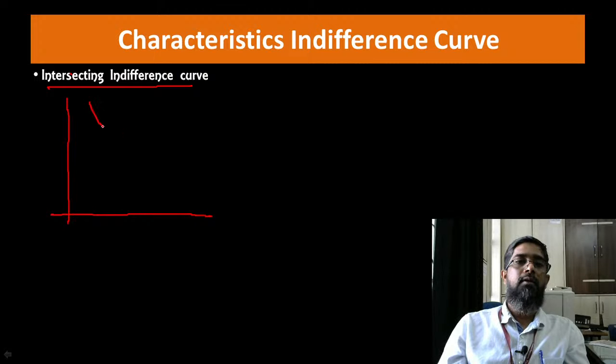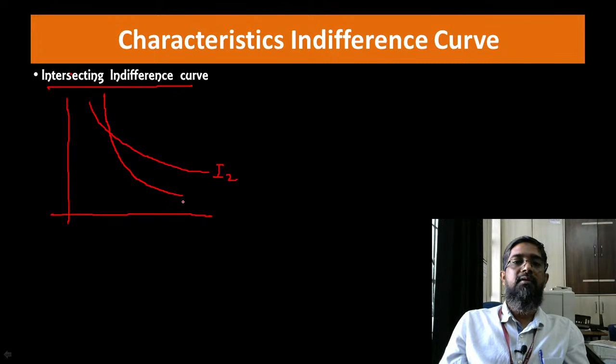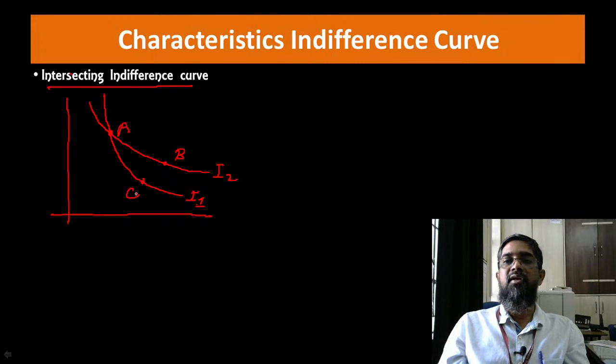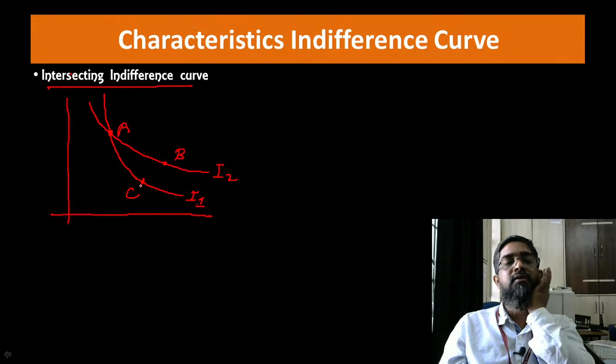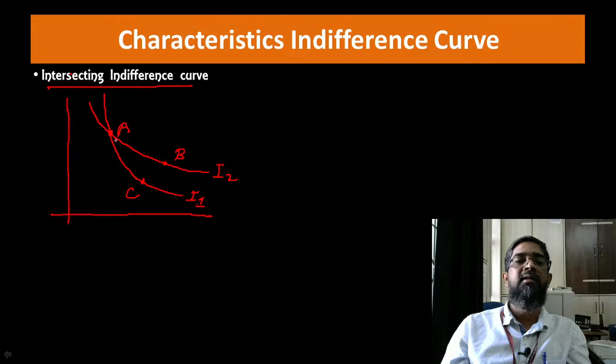So this is our, say, indifference curve 2, this is our indifference curve 1, say for example, and this is point A, this is point B, and this is point C. This is an assumption, I am just numbering it.